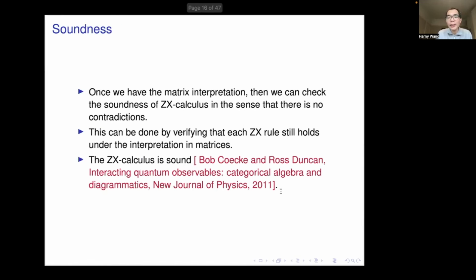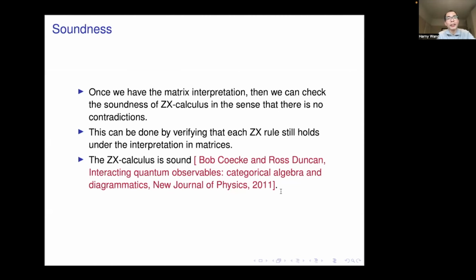If you have the matrix interpretation, then we can check whether the rules are right. That means there's no problem for you as a reasoning system, no contradiction there. This property is called sound.